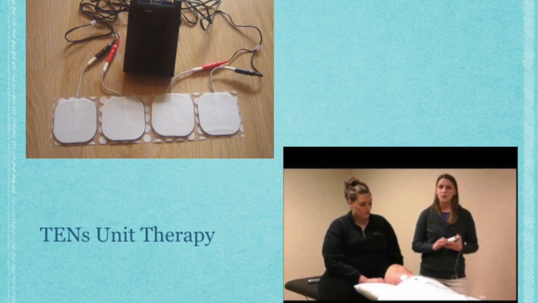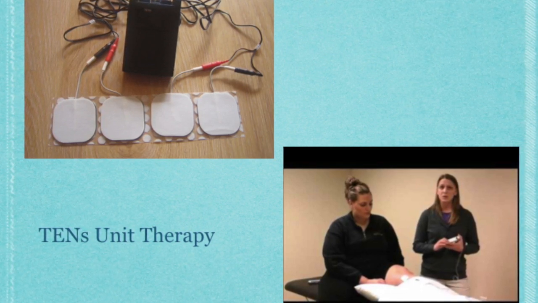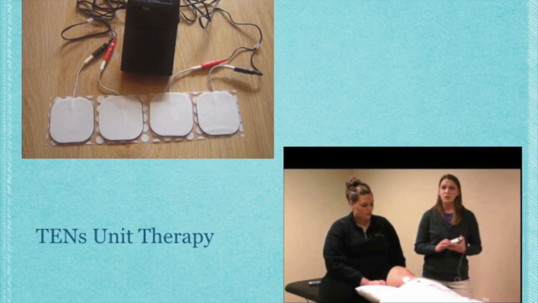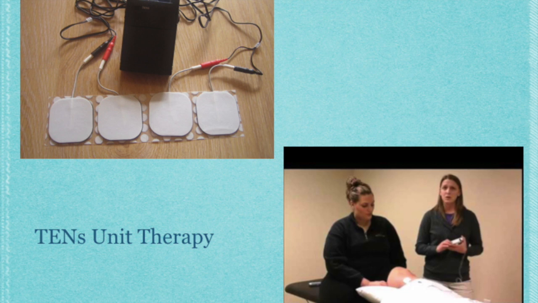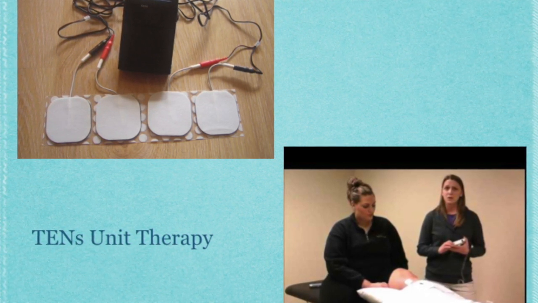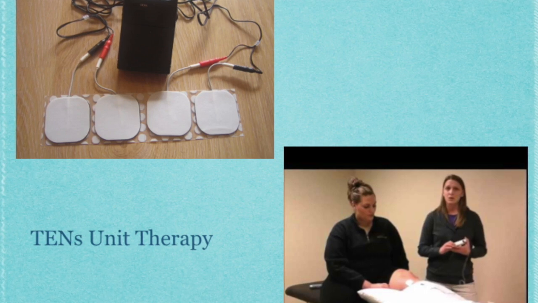There are 3 aspects to this type of therapy: intensity, frequency, and duration. The intensity allows a patient to adjust how strong the electrical stimulation is. The frequency is the number of electrical impulses per second.